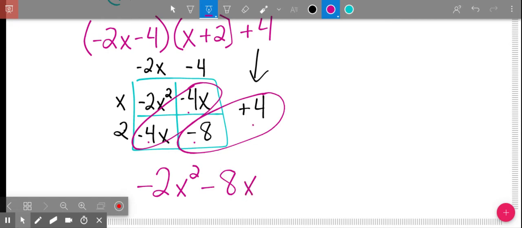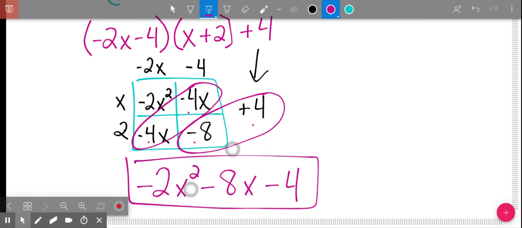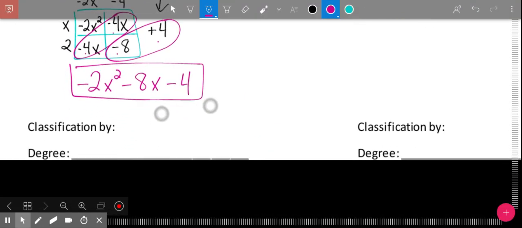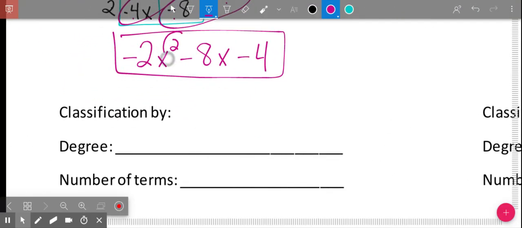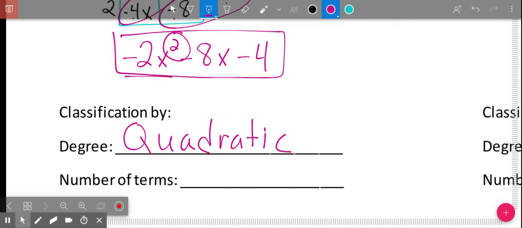Negative 8 plus 4 gives me minus 4. So that's going to be my final answer for that one. We still are classifying these. My largest exponent is a 2, so that's quadratic. I have 1, 2, 3 terms, so it's a trinomial.